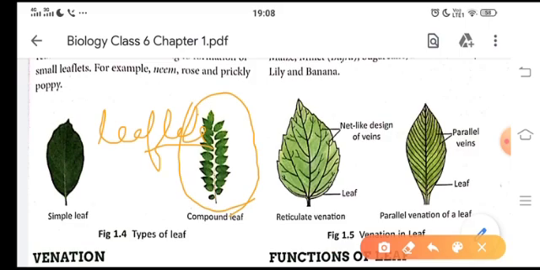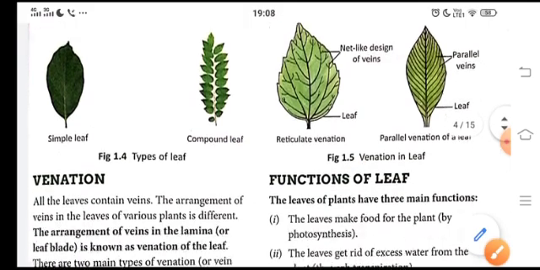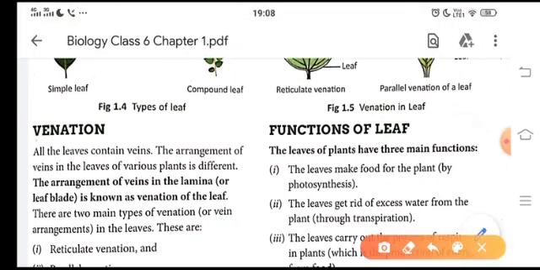Now, come to types of venation. Children, as I told you earlier, leaves contain a network of veins. Now, the arrangement of these veins is different in different leaves.